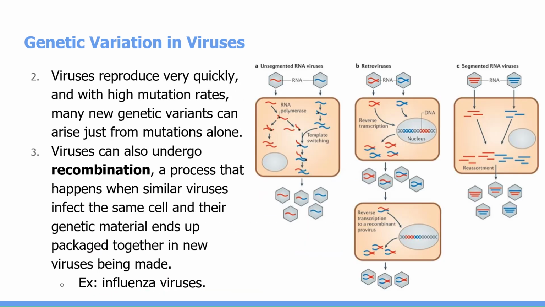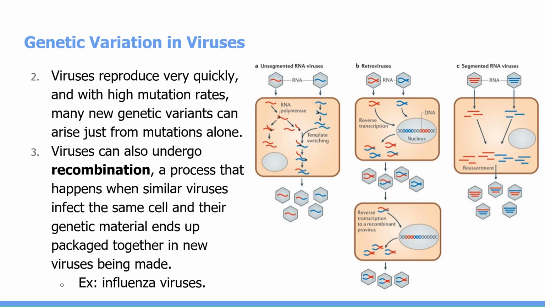So again, why are they evolving much quicker? Viruses reproduce very quickly with high mutation rates, as seen on the previous slide, and many genetic variants can arise just from the mutations alone.